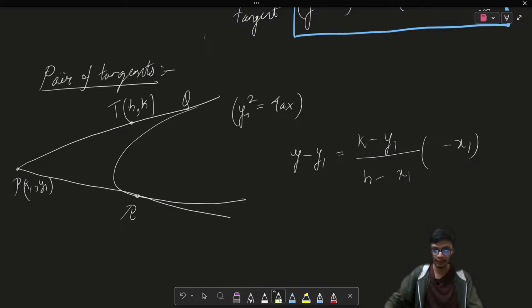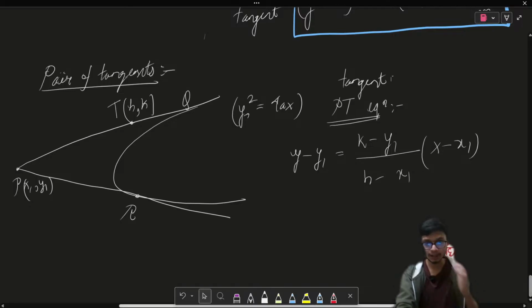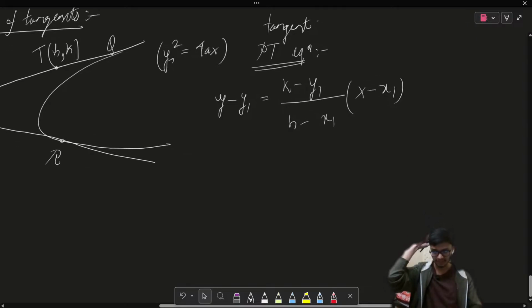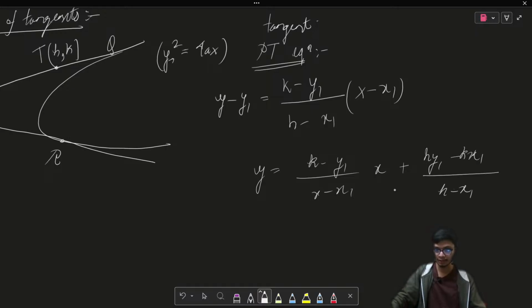This is how I can write down the equation of tangent PT. Now if I simplify this part, I can write y is equal to k minus y1 upon h minus x1 into x plus hy1 minus kx1 divided by h minus x1. So this is how I'm going to get it, right?